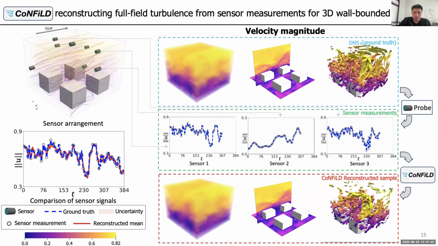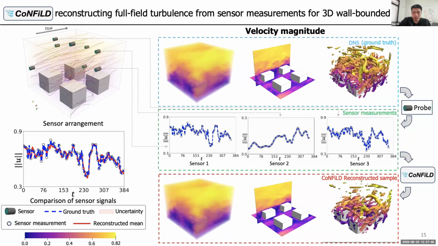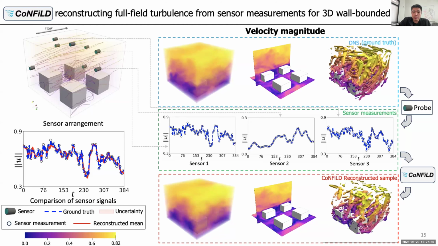You can see that a very unique finding is that the generated turbulence structure this time is very similar to the ground truth, because those measurements reduce the uncertainty of the posterior to a very large extent. And this is good news because our goal with this approach is to reconstruct the flow field so that it is very close to the ground truth.